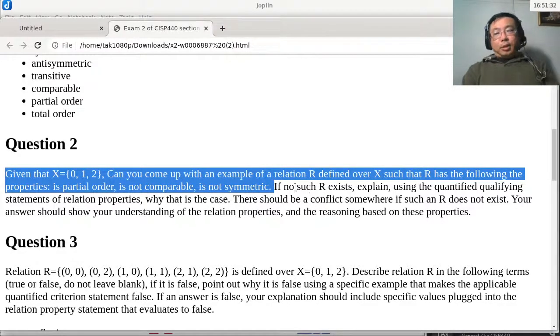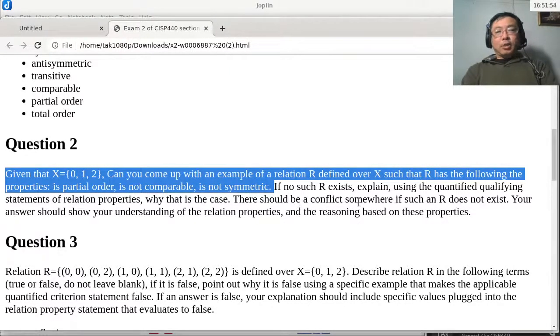Now, the other part of the question, you probably want to read ahead of time, just to understand that it is possible. Because if there is no way to make such an R or relation, you have to explain using the quantified expressions to tell me why it is not possible to have a specific combination of the attributes.